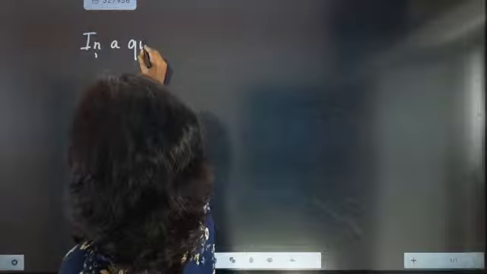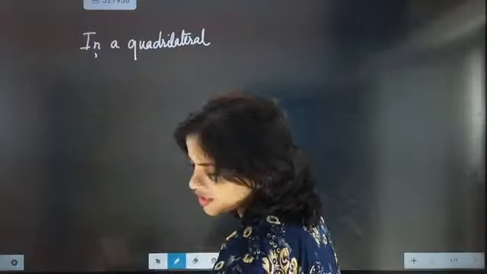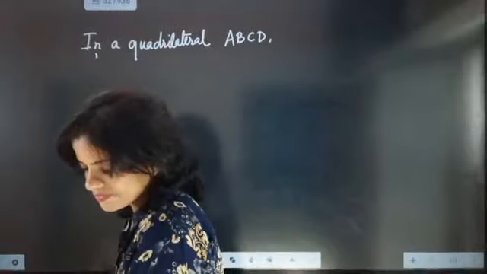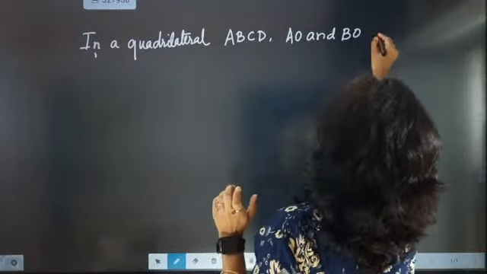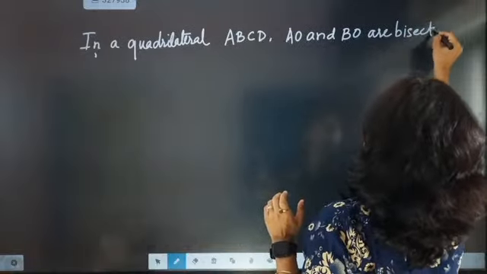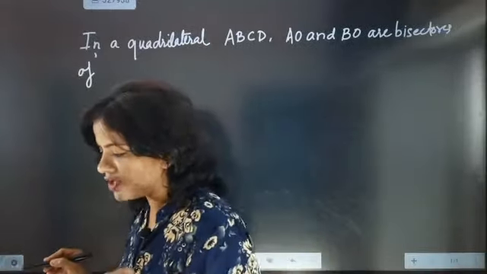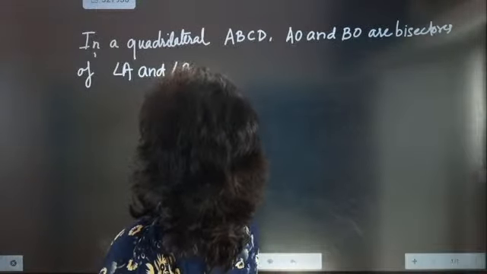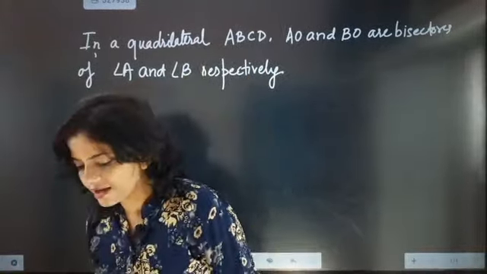get ready everyone. In a quadrilateral ABCD, AO and BO are bisectors of angle A and angle B respectively.